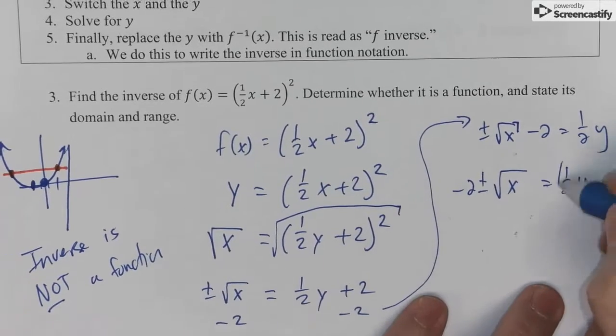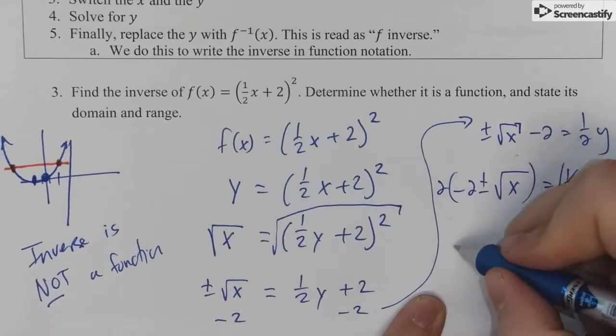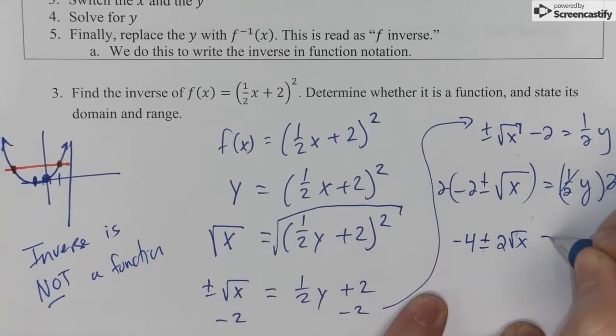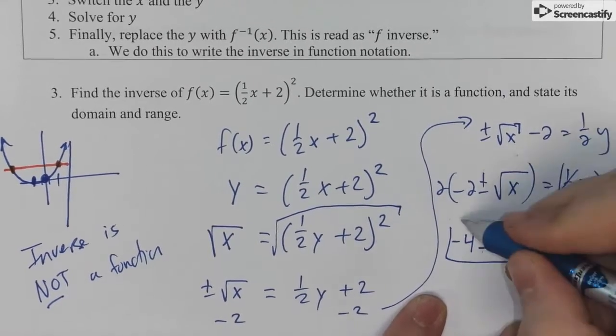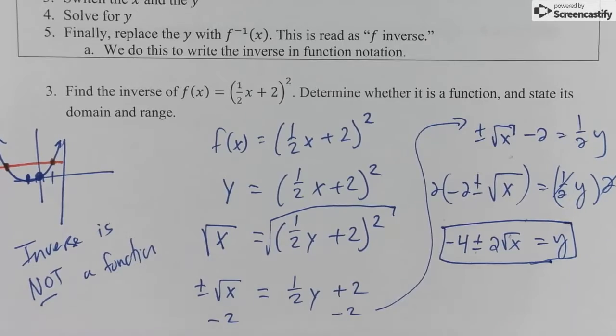Last thing, multiply both sides by 2 to get rid of the fraction there. So these cancel. So this will be -4 plus or minus 2 square root of x equals y. So this is my inverse function. And if I graph, I'm going to put up my graphing calculator here.